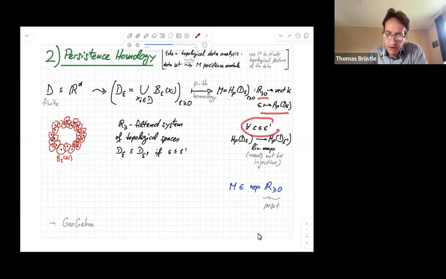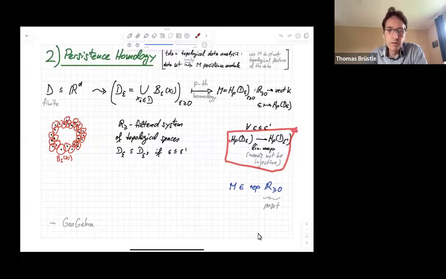And when there's an ordered pair, epsilon, epsilon prime, homology is a functor, so it induces a linear map between those vector spaces. And homology is not an exact functor, so even if this was an inclusion, this linear map need not be injective.